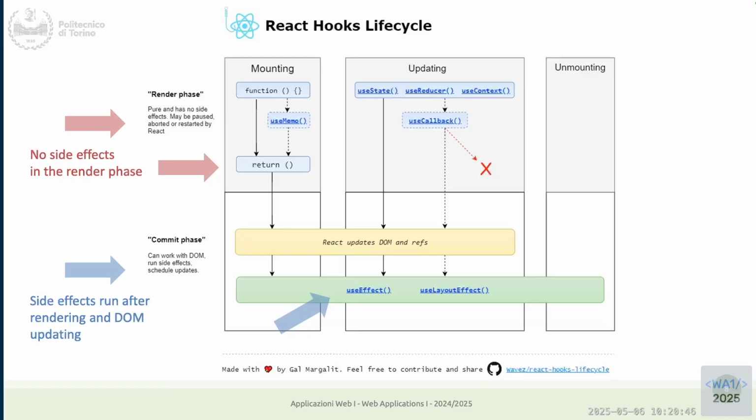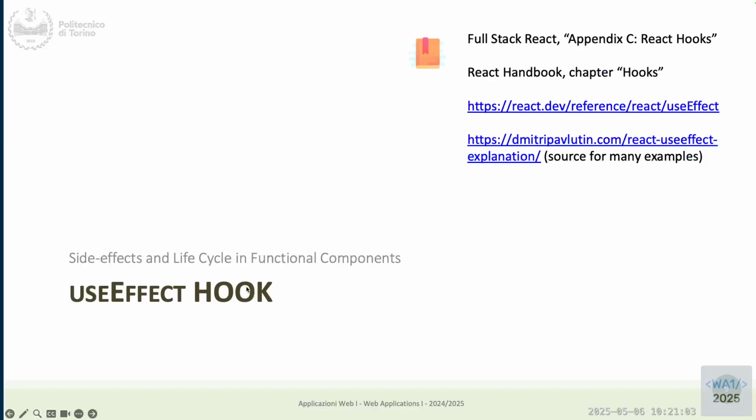This behavior, of course, may have an effect over state variables, for example, that will then trigger a new render phase. So we are managing something outside React for reporting the data inside React itself. So everything lies on the definition of this new hook, which is called useEffect.